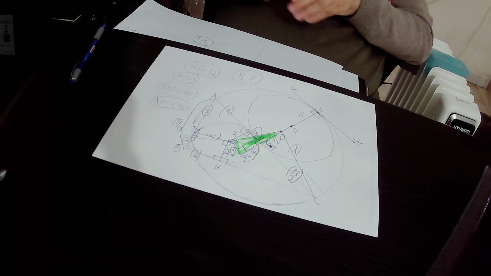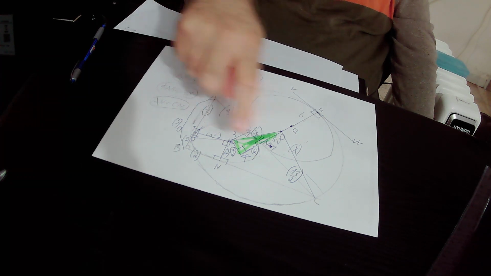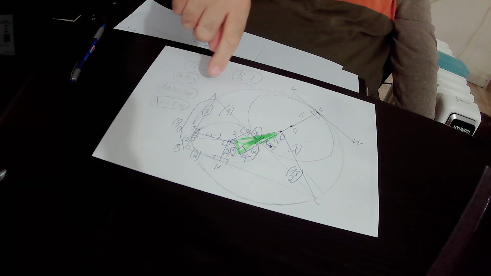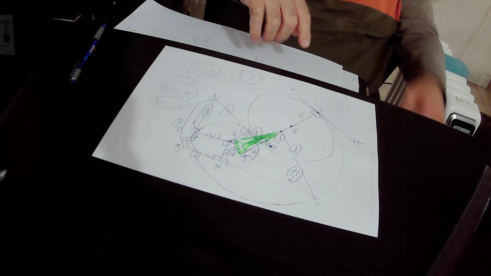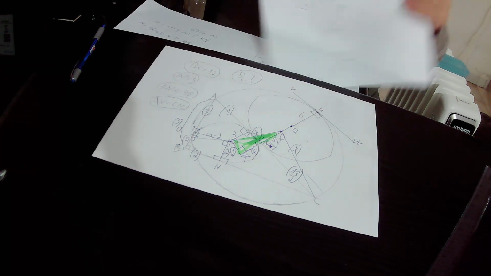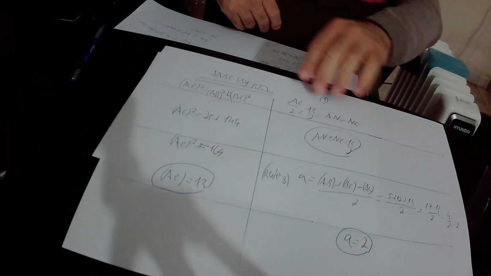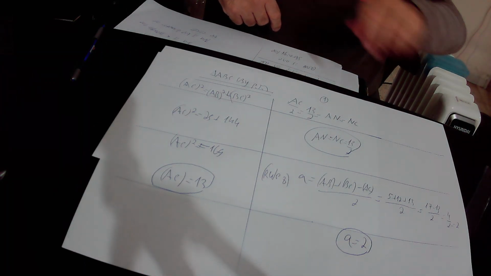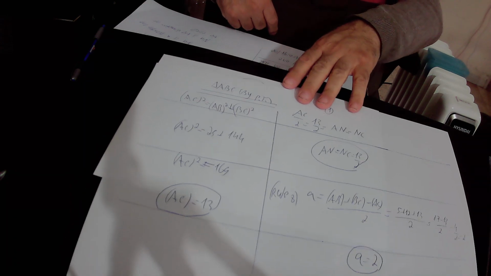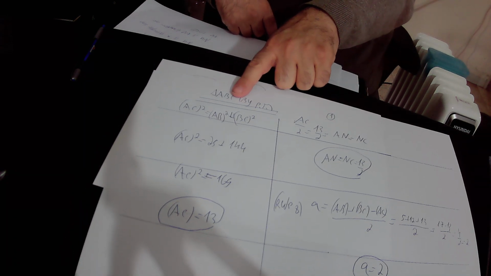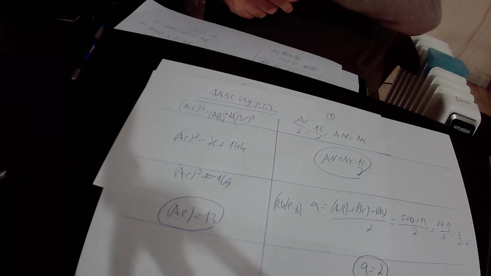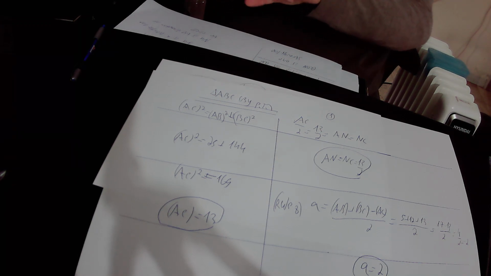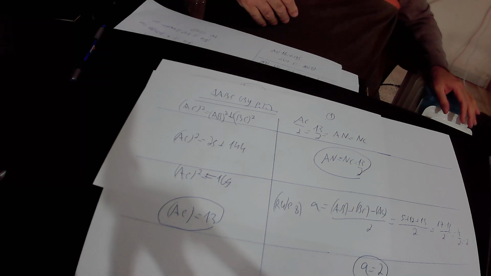In order to find out the ratio of B over A, we implemented the Pythagoras theorem on the right triangle ABC. According to the Pythagoras theorem, AC squared equals AB squared plus BC squared. So AC squared equals AB squared. AB is 5, therefore AB squared is 5 squared, that is 25, plus BC squared.